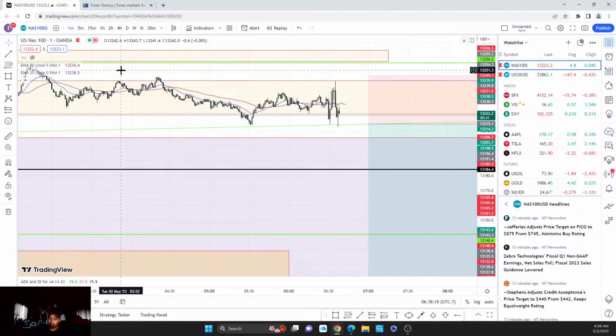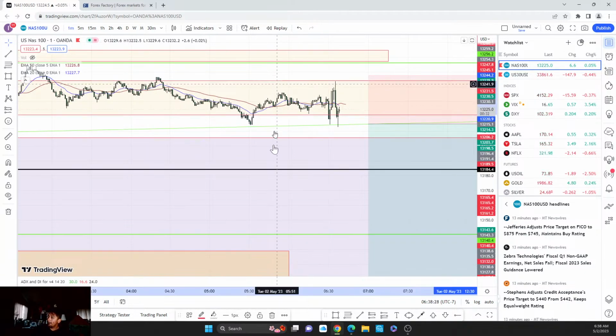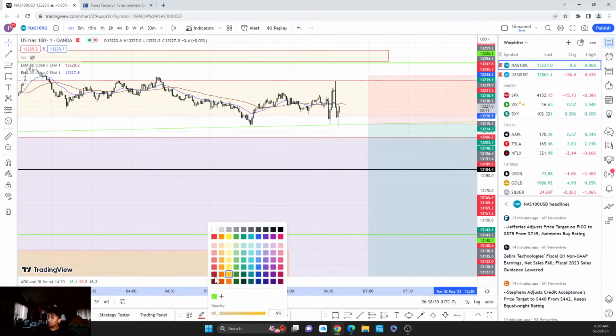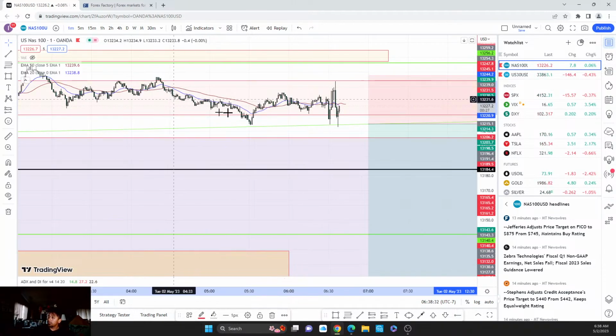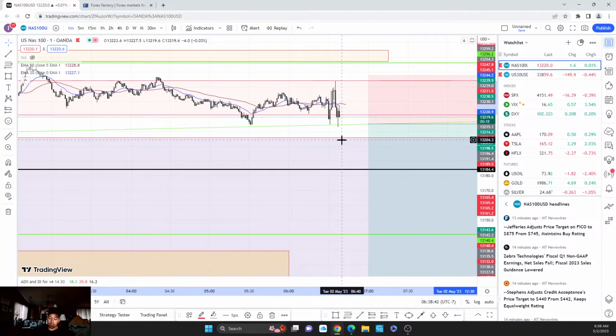Let's see. See if it respects the EMA right here. Okay, I'm in the trade. Just got in. Very small position. Not going to make a lot of money today. But let's see if we can see this thing kind of move off. I'm only up about a pip right now.